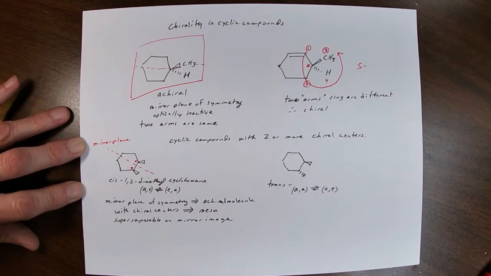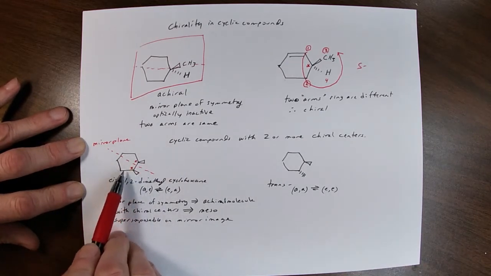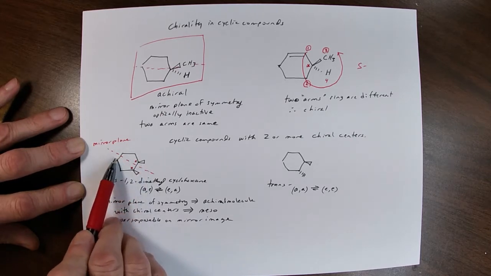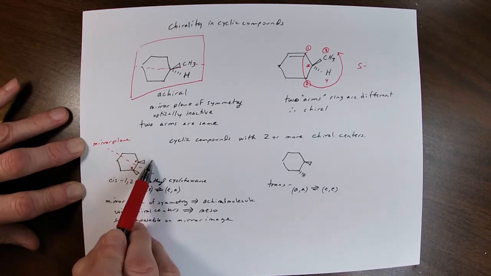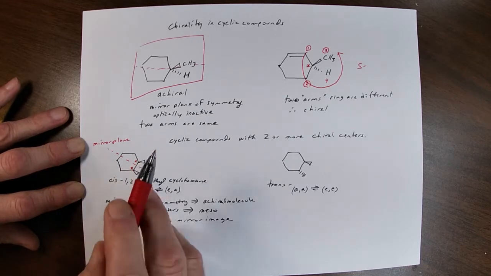Okay. Now let's assign R and S to this chiral center here. This arm of the ring is substituted, so it has a higher priority than this arm, which beats the methyl. So 1, 2, 3 is clockwise, R. The lowest priority is pointed away from me.